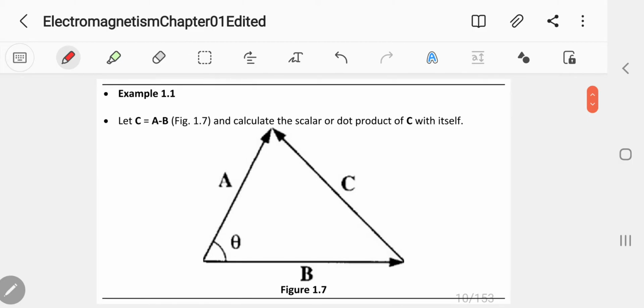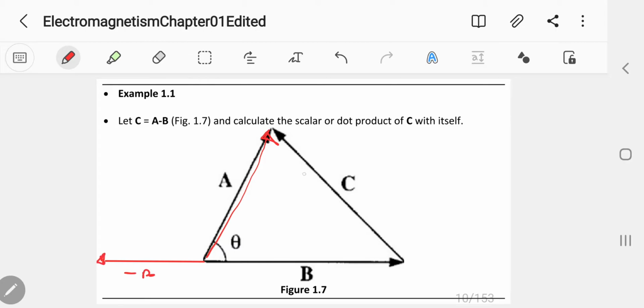Now here's an example. Let C is equal to A minus B. This is B, this is A. What is negative B? Negative B is, this is B. So negative B is like this.